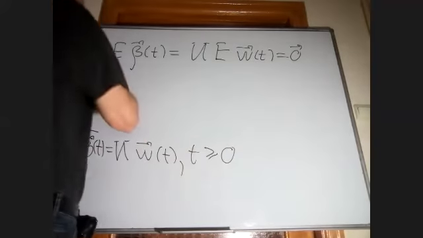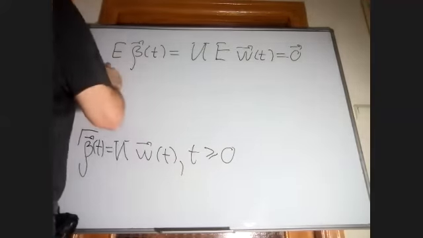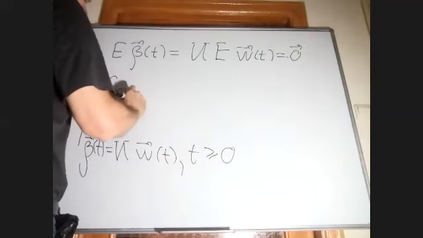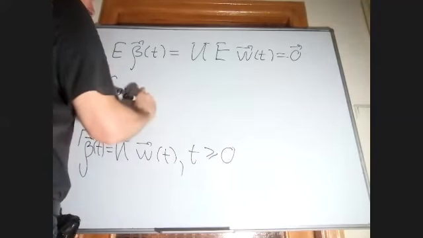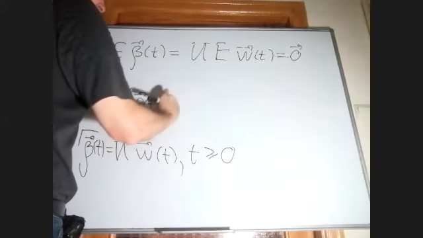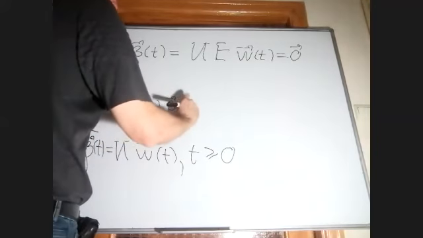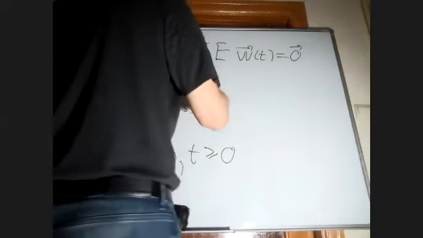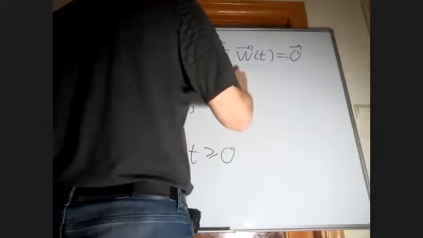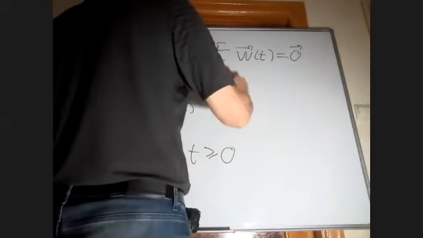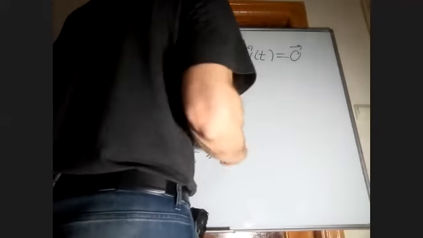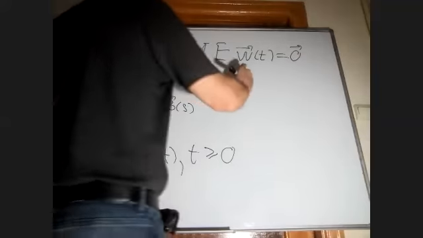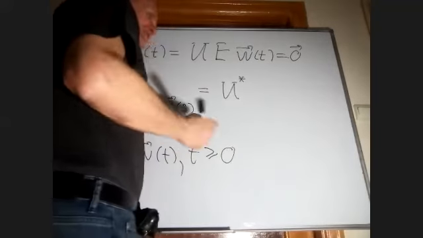Now let us take the covariance of beta_t and beta_s. This is just the usual calculus of what we did with random vectors.